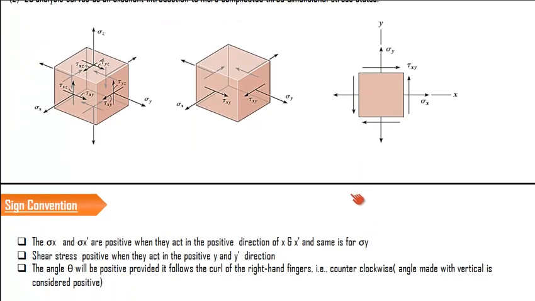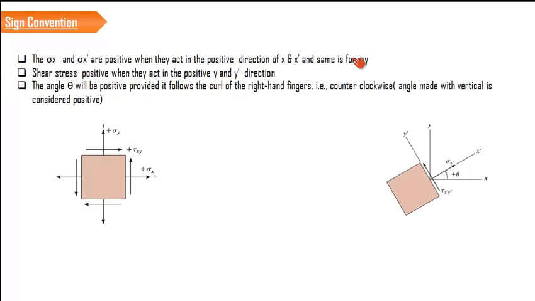Moving forward, we have to discuss the sign convention that we are going to use here. So what exactly is the aim of this study? We know that when a material is loaded along different axes or with different forces, different types of stresses are generated within the material.